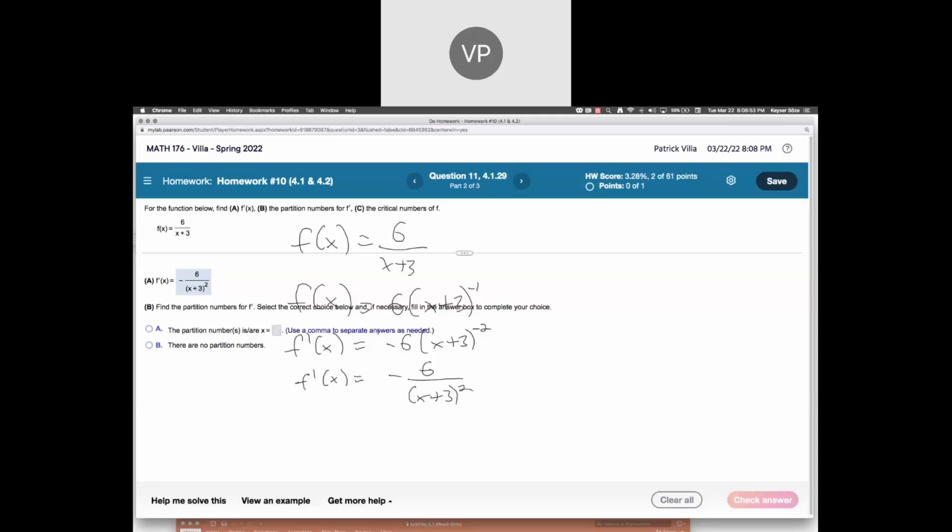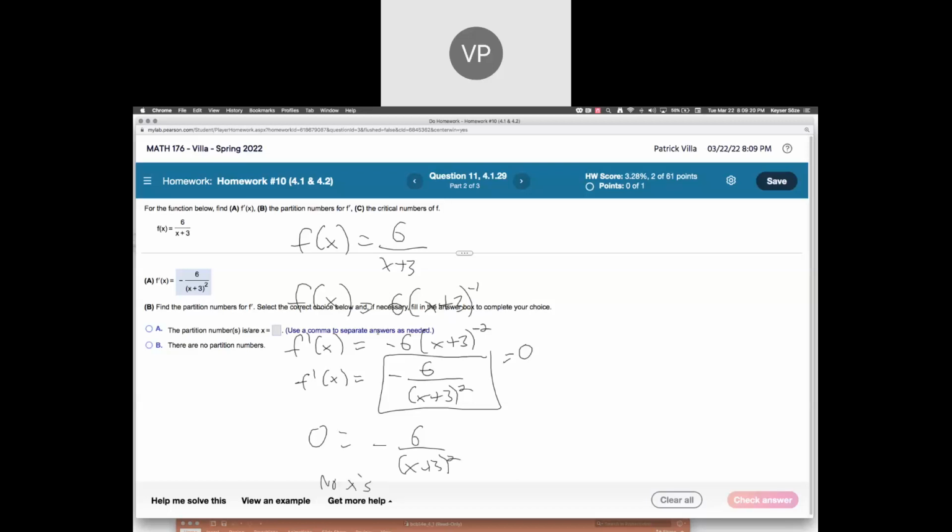Now, remember the rule is, where does this equal 0? When you set that equal to 0, so I'll do that on the next line. If this is equal to 0, as I told you, the only time you can get a fraction equal to 0 is if the top is 0. Well, there are no variables on top, therefore, there are no points here, no x's.